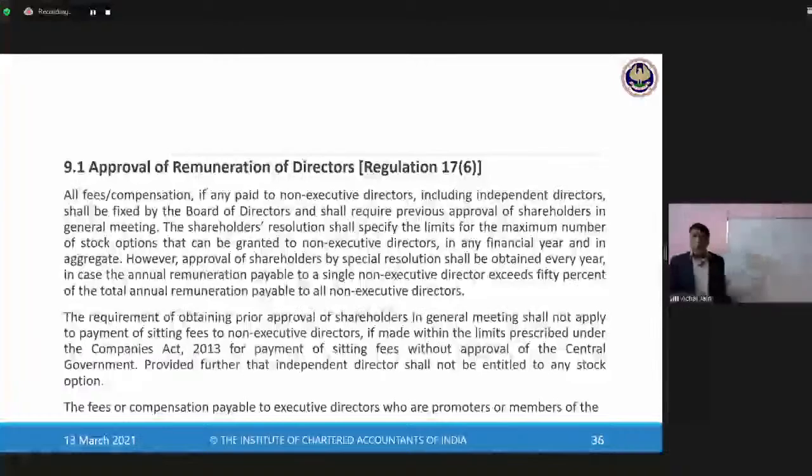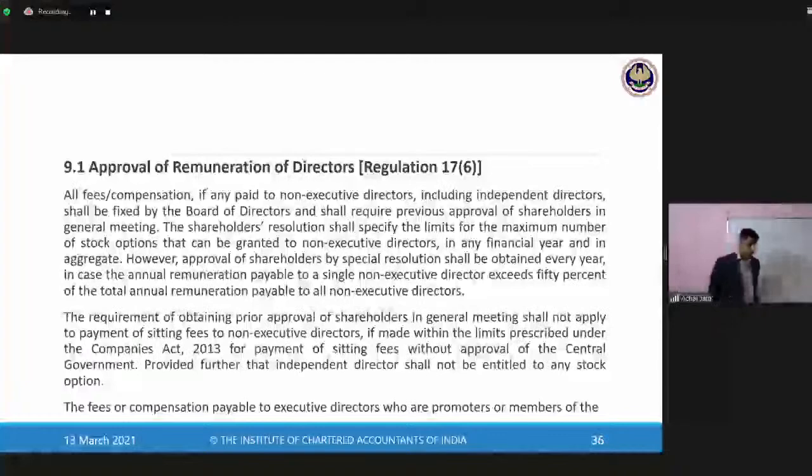However, approval of shareholders shall also be obtained by special resolution every year in case the annual remuneration payable to a single non-executive director exceeds 50% of the total annual remuneration payable to all the non-executive directors, giving details of the remuneration thereof.